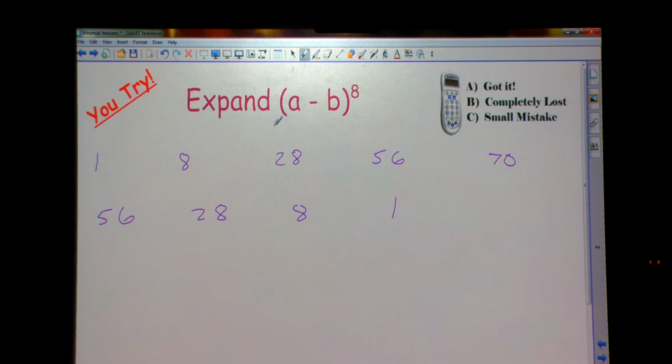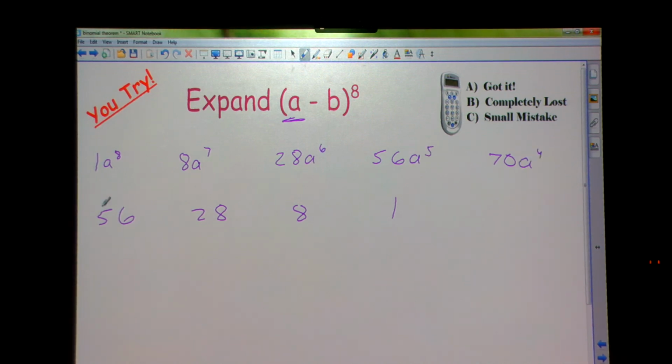Okay, so now a is your first term, so I have a to the 8th, a to the 7th, a to the 6th, a to the 5th, a to the 4th, a cubed, a squared, a.